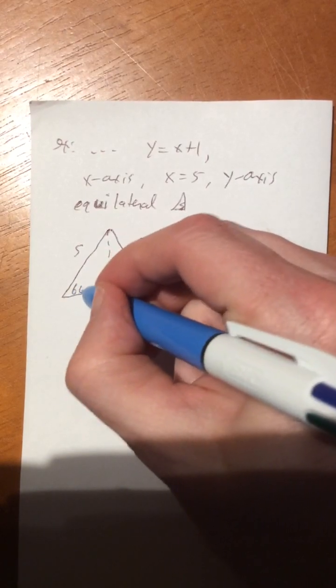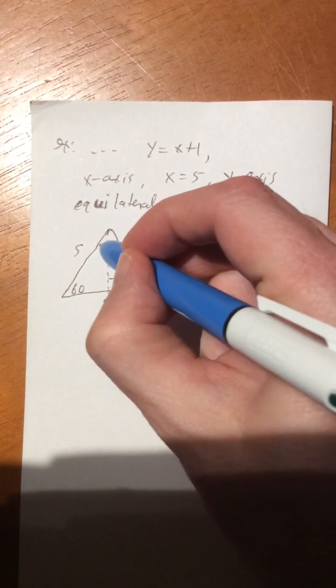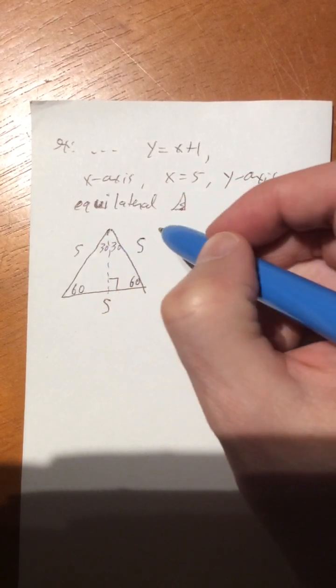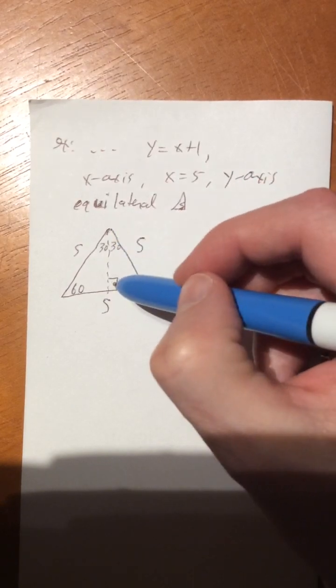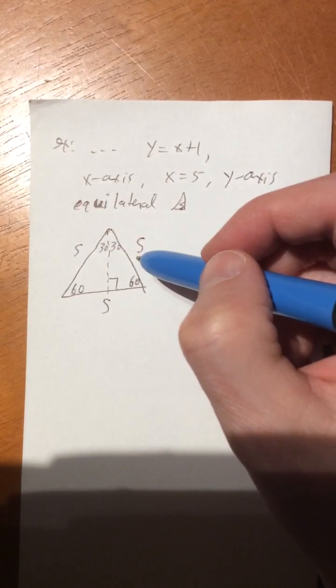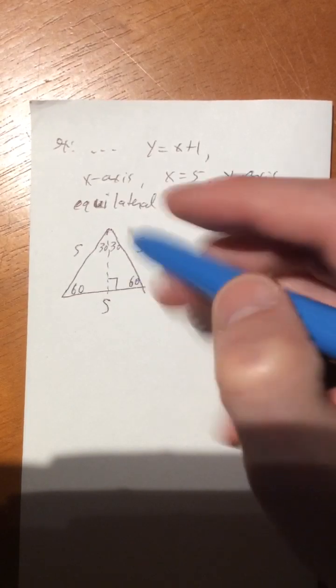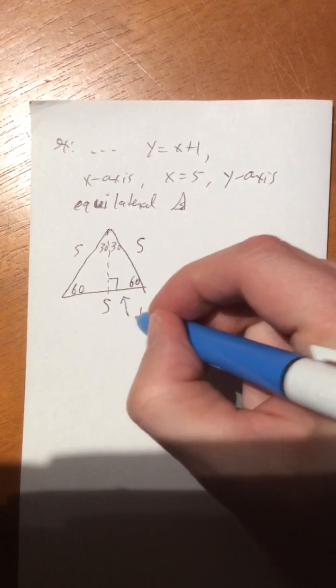This is 60 here. That was 60 up there, but now it's actually 30 and 30, which is still, of course, 60. But what I'm saying here is we have a 30, 60, 90 triangle with S on the hypotenuse. And then obviously right in here, we're going to have 1/2 S.